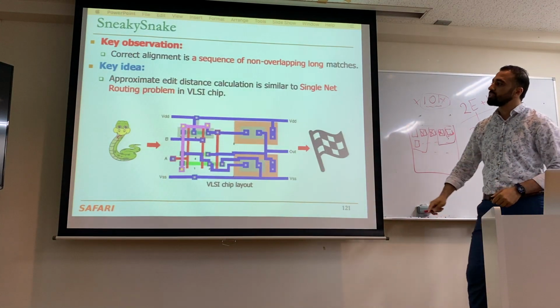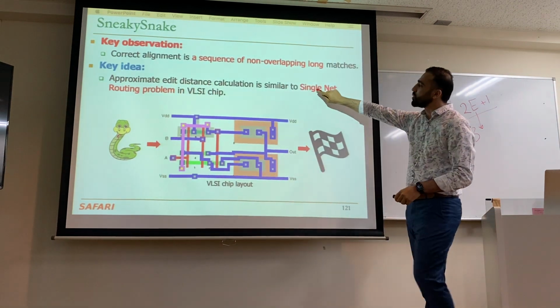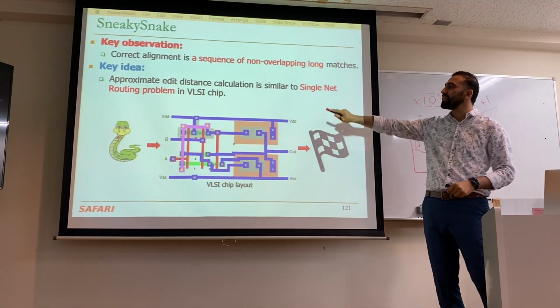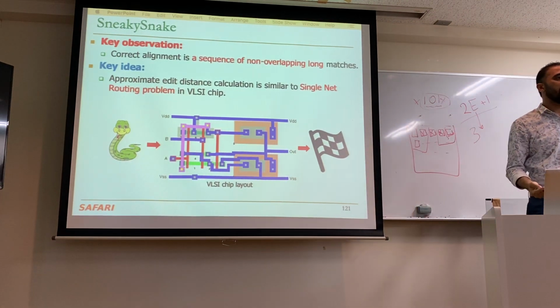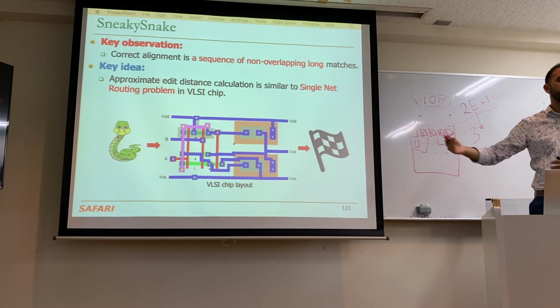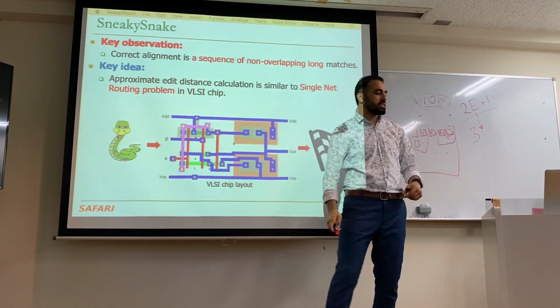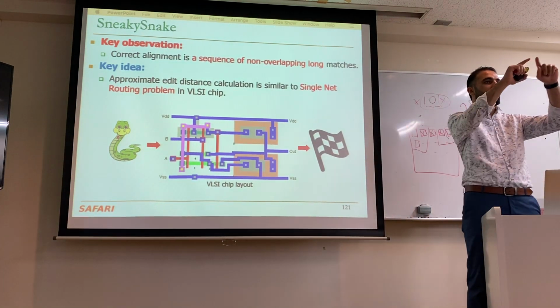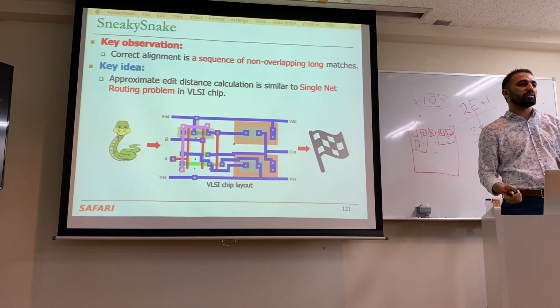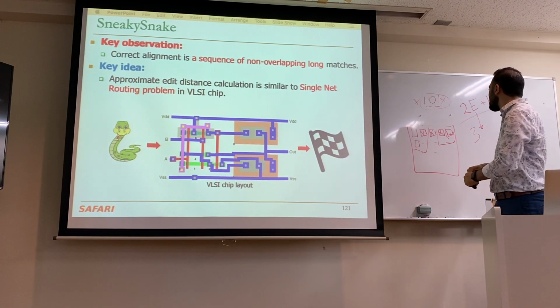And for that, we said calculating edit distance is really similar to the single net routing problem, which you can think of as the shortest path in a maze. This is what we call a VLSI chip, which is actually any chip in any electronics, the black square piece with legs to the right and legs to the left.